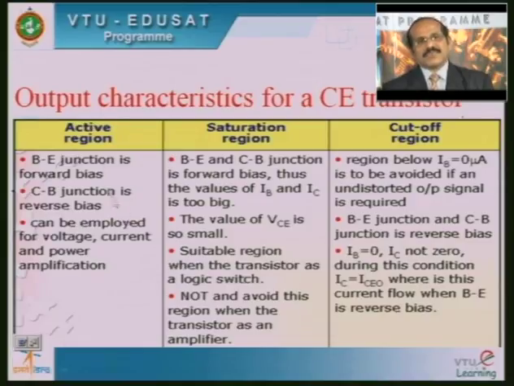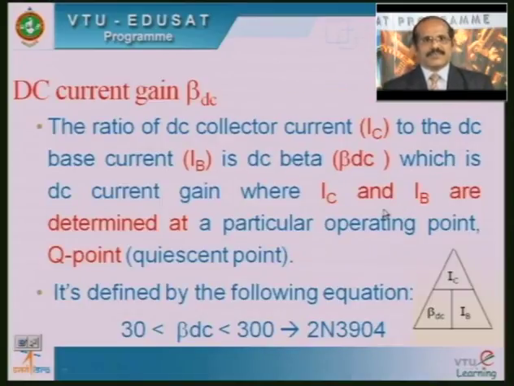This active region is preferred for amplification purposes. In the saturation region, both the input junction and output junction are forward biased, and this region is preferred for switching operation. In the cutoff region, there is no conduction of current, only a small leakage current flows, and both input and output junctions are reverse biased.